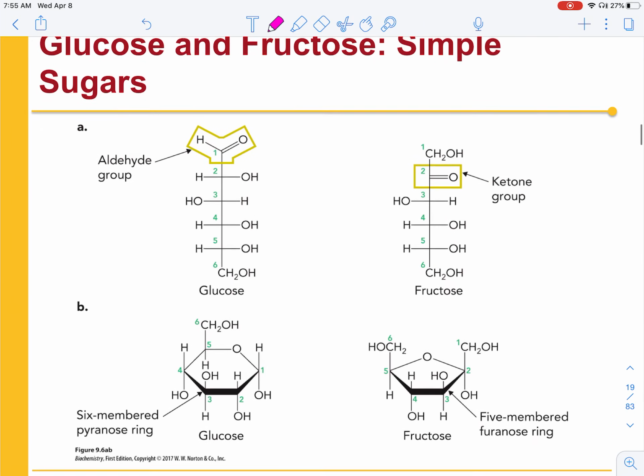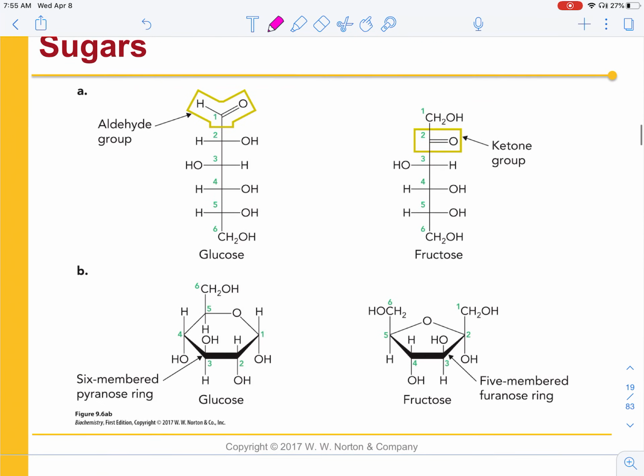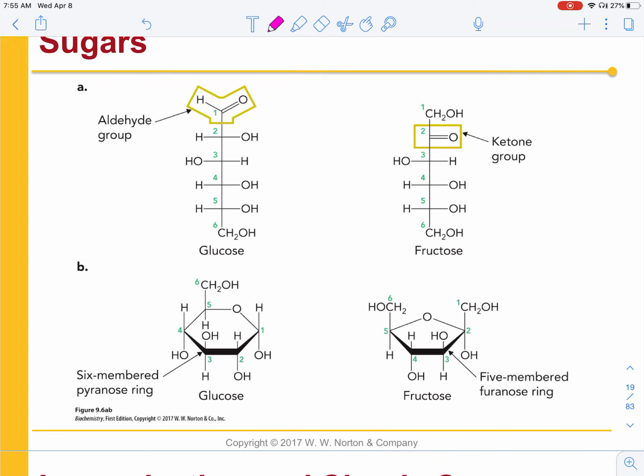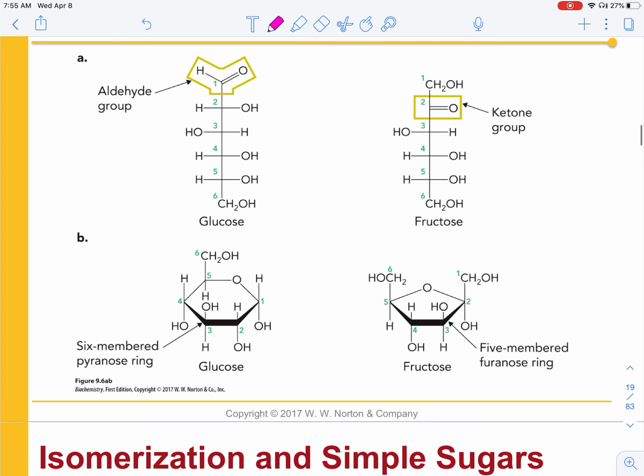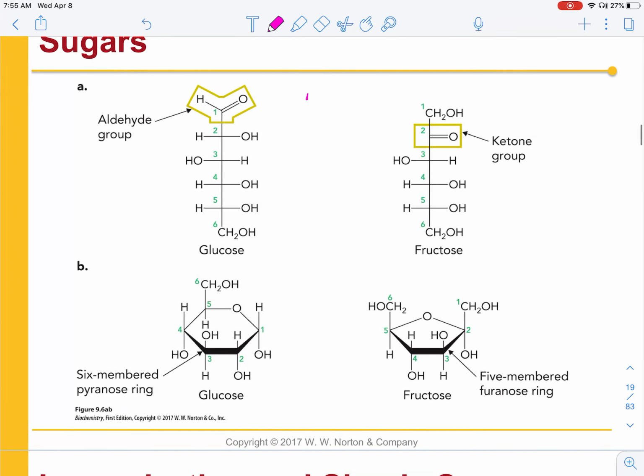And this is just a look at those sugars. I'm not going to go deep into carbohydrate structure because I do want to get into glycolysis. But we know that carbohydrates have a water molecule, H2O, that's associated for every carbon. So they are hydrates of carbon. And so it is CnH2nOn in terms of the ratio.